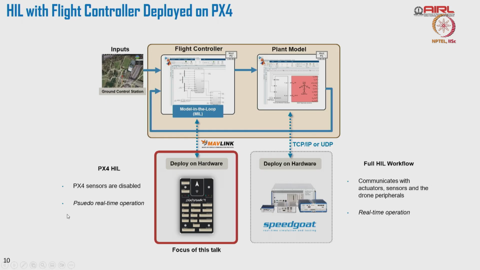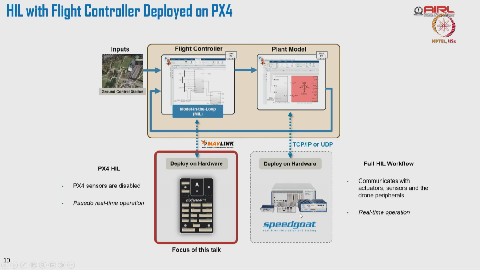I am going to run it in a pseudo real time, because all that data whatever required from sensor is going to come from my plant, okay? And if I want to do full hardware in the loop, I can deploy the plant also in a smaller hardware, right?